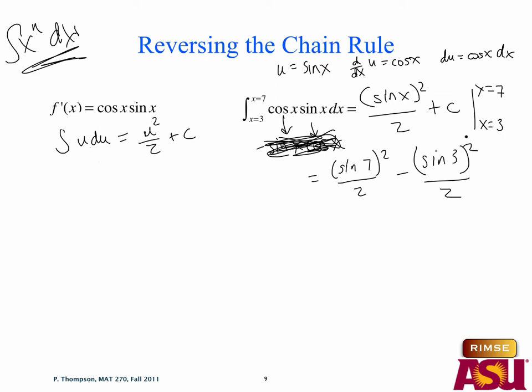Because the c's will cancel. What does that mean? So if I evaluated this at 7, I'd have a plus c, and then minus this thing plus c, but then c minus c, they cancel, right? Okay, so don't worry about those. Okay, all right.